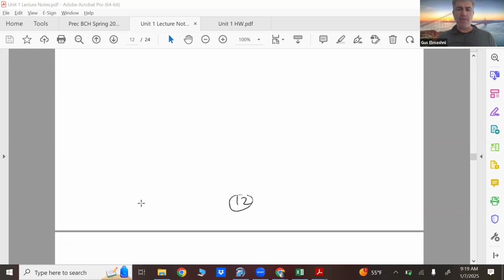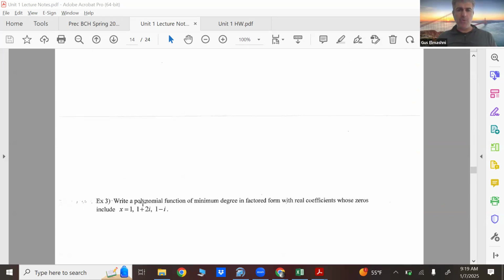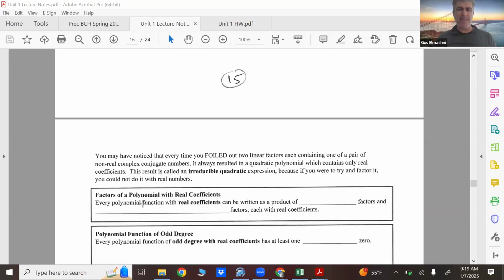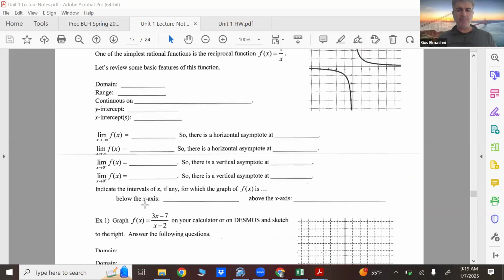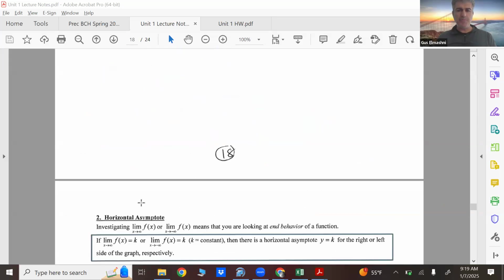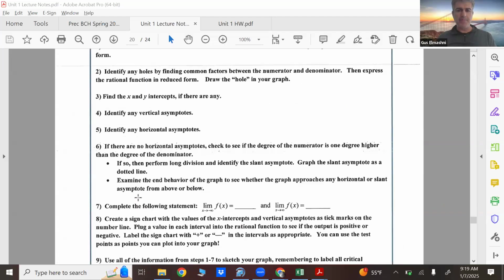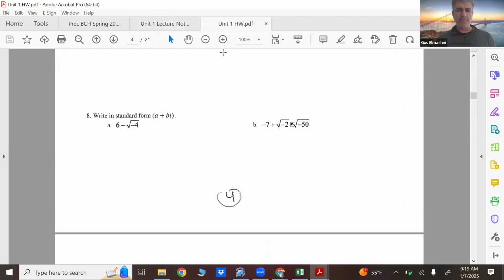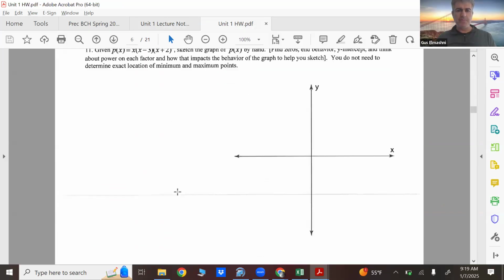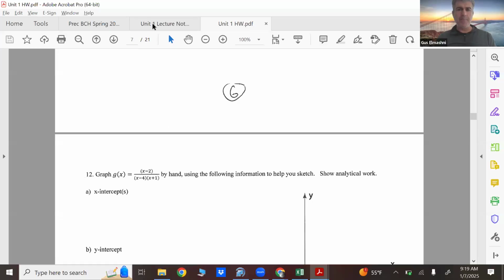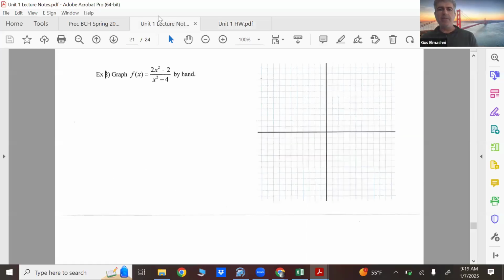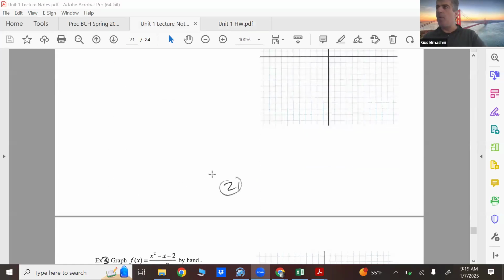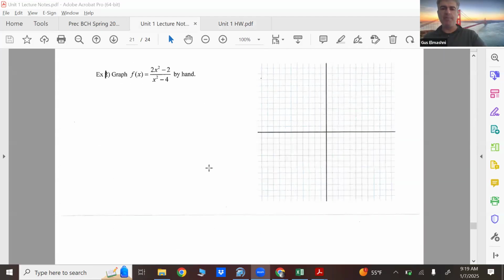Let's look at graphs of rational functions. I think you guys know complex numbers, so I'm not worried about that. Here we go. Okay, and let me look at the homework that you guys have to do. Let's go to page 21, example 1.